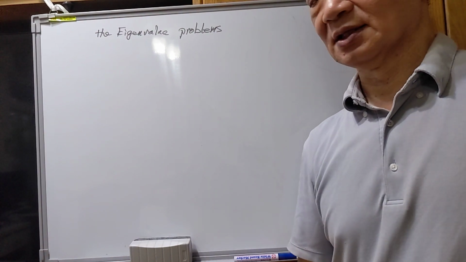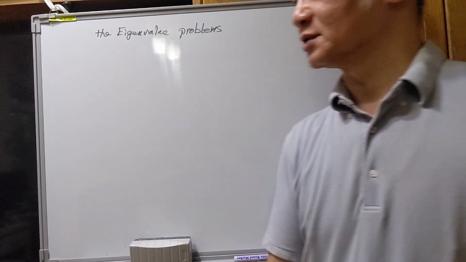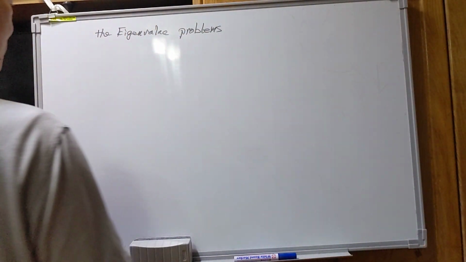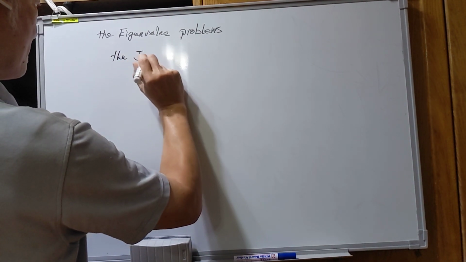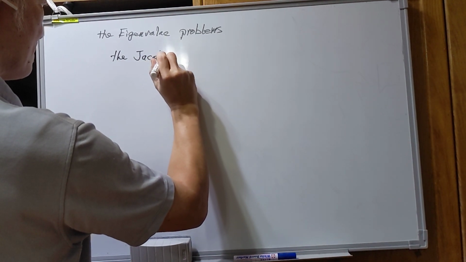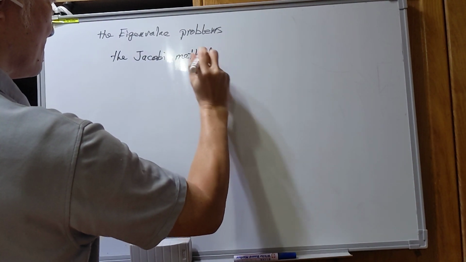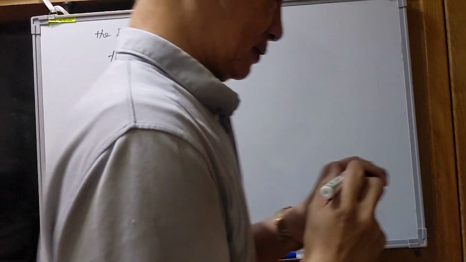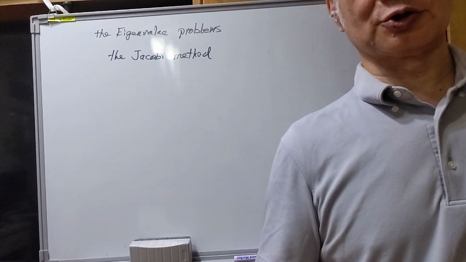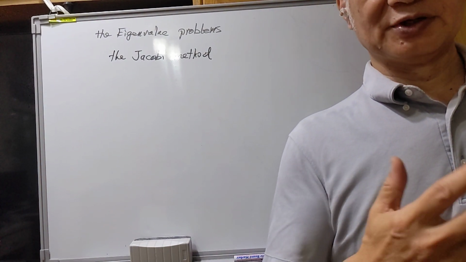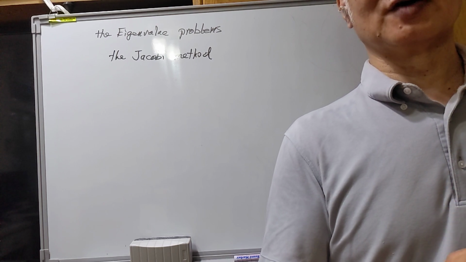Then let's talk about how we can solve the eigenvalue problems. The first method is called the Jacobi method. The traditional Jacobi method can be used to solve only the standard eigenvalue problems.